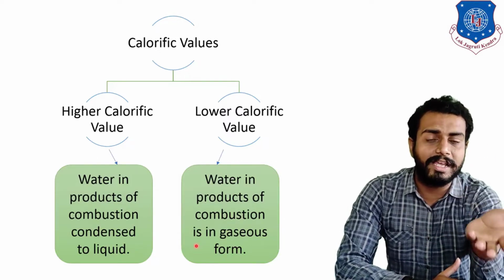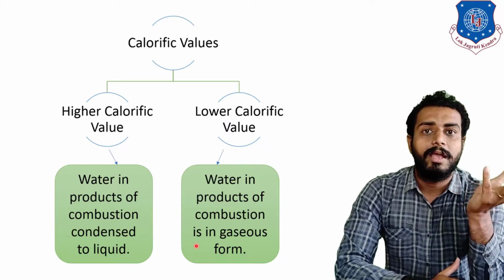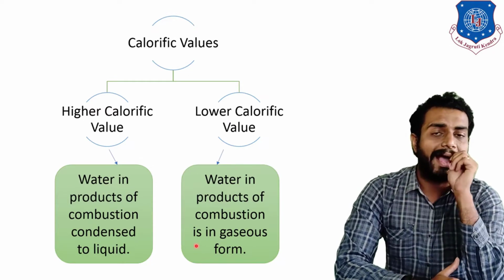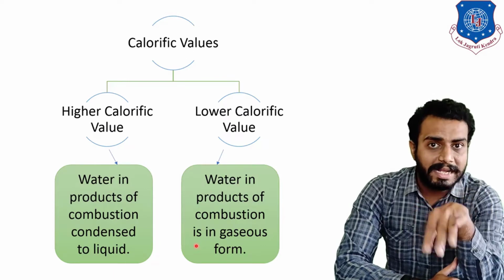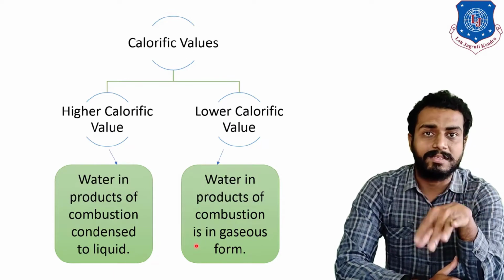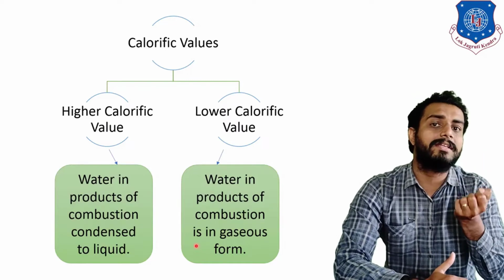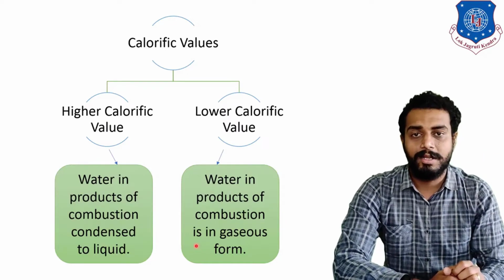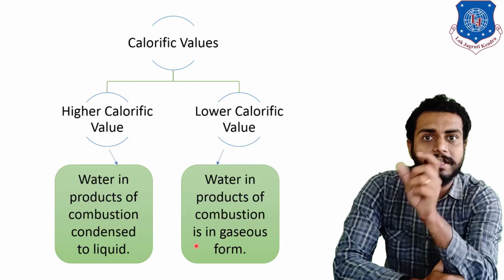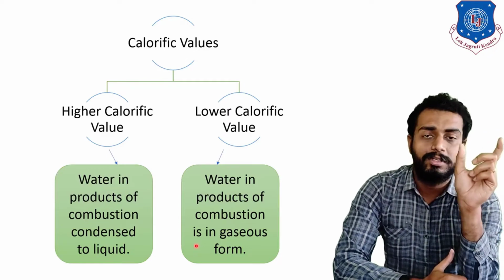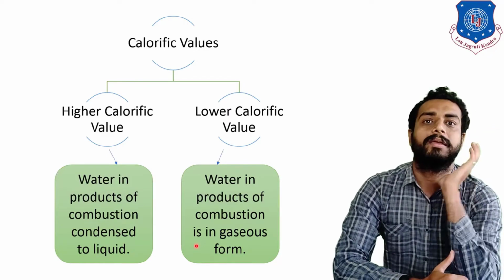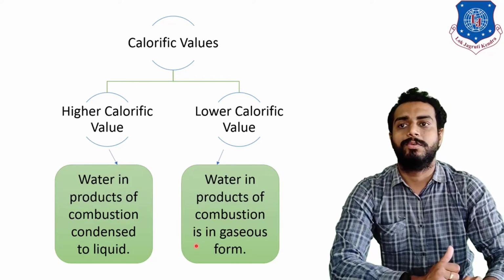So if you reject the heat, then it will be added, right? So here in higher calorific value, you are condensing the H2O, so that much extra heat is gained by us. That is why higher calorific value will be there, and in lower calorific value, the calorific value will be less. Clear? I hope it is clear to you.